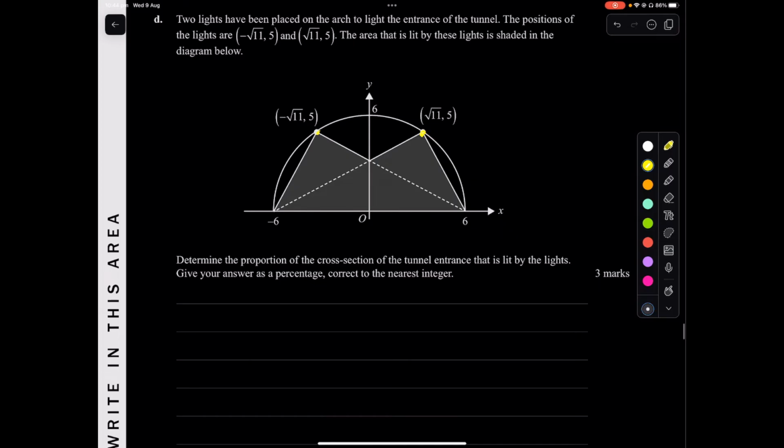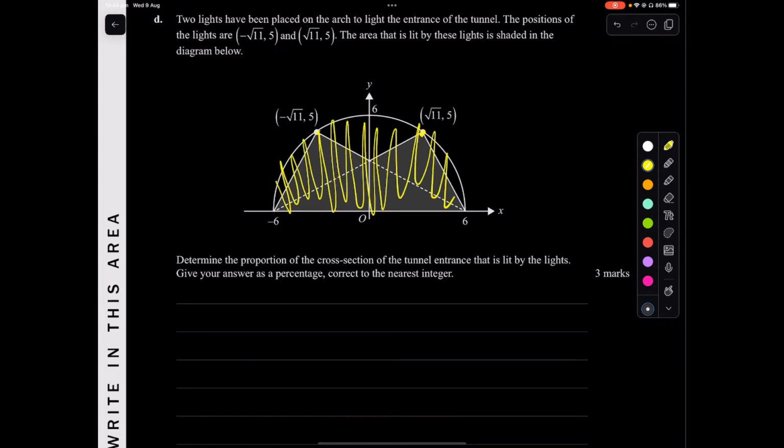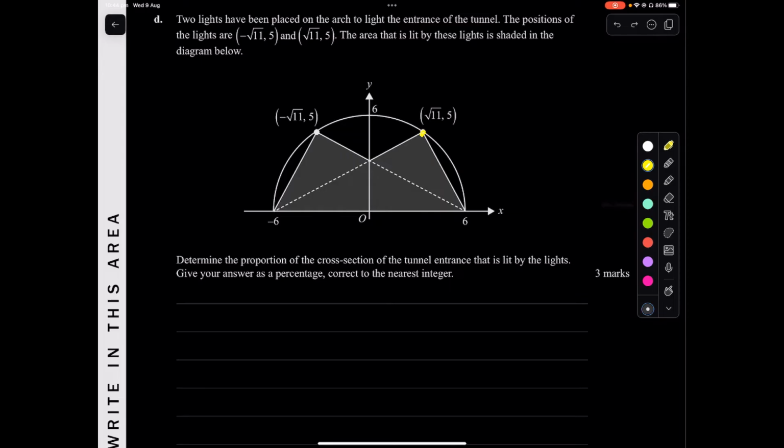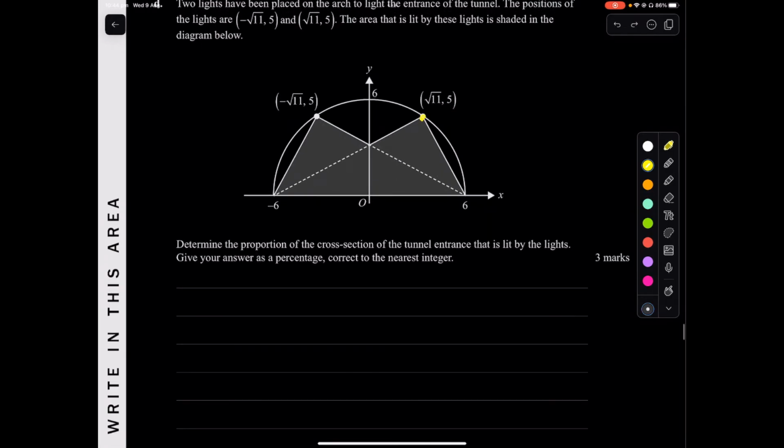So first, let's just find the whole area of the whole tunnel. It is very easy to do that because the area of a normal circle is 2 pi r. It's actually pi r squared. What am I doing? It's pi r squared. But it's half of it, so half pi r squared.